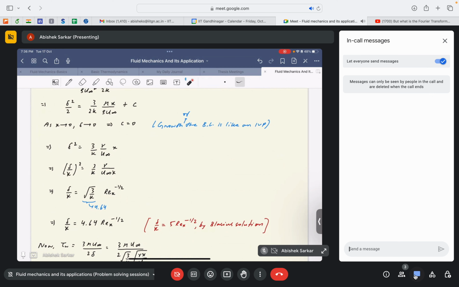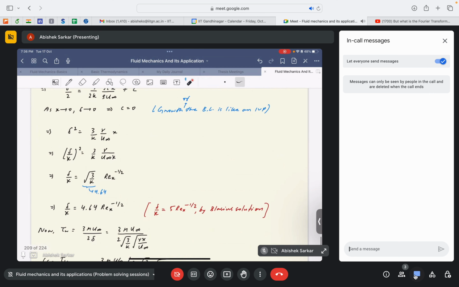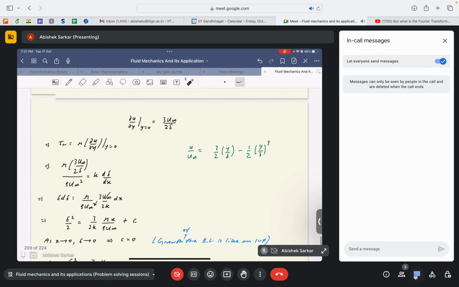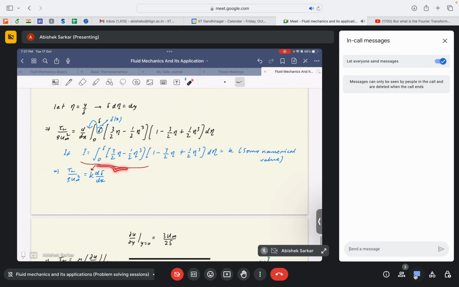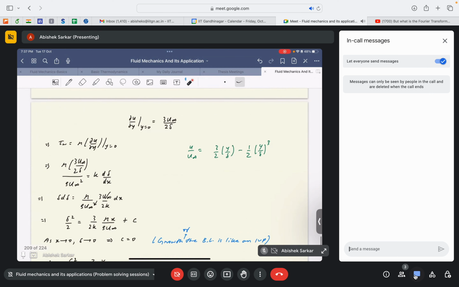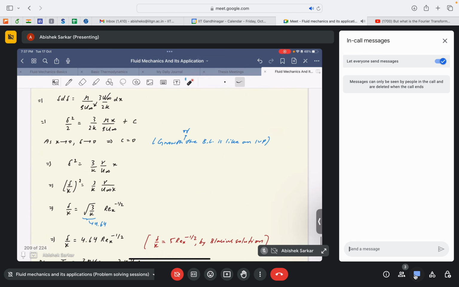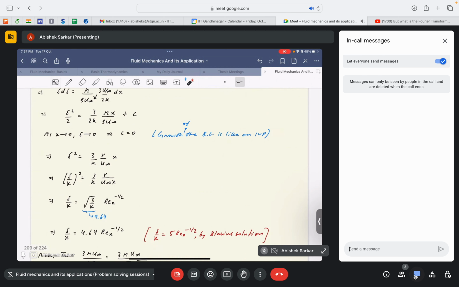After we have evaluated this integration and got the value of k, if we plug the value of k in this expression root 3 by k, we get that delta by x is equal to 4.64 into Rex to the power minus half.